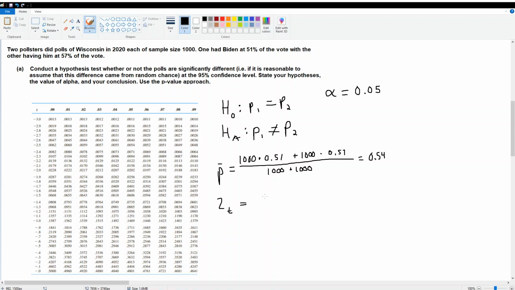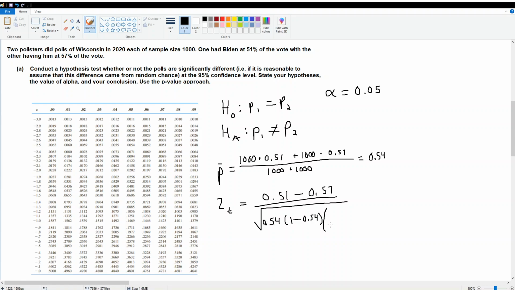Now that we have that, we can get our test statistic, so I'll call that ZT. And this is going to be equal to the difference of the two proportions. And again, in this case, we can do the negative or the positive. Doesn't matter because we're going to take the negative of the absolute value anyway, so we can deal with the complement law. So we'll just take our first one as 51%, and our second one is 57%. And now we divide it by the square root of the pooled proportion, which is 0.54, times 1 minus 0.54.